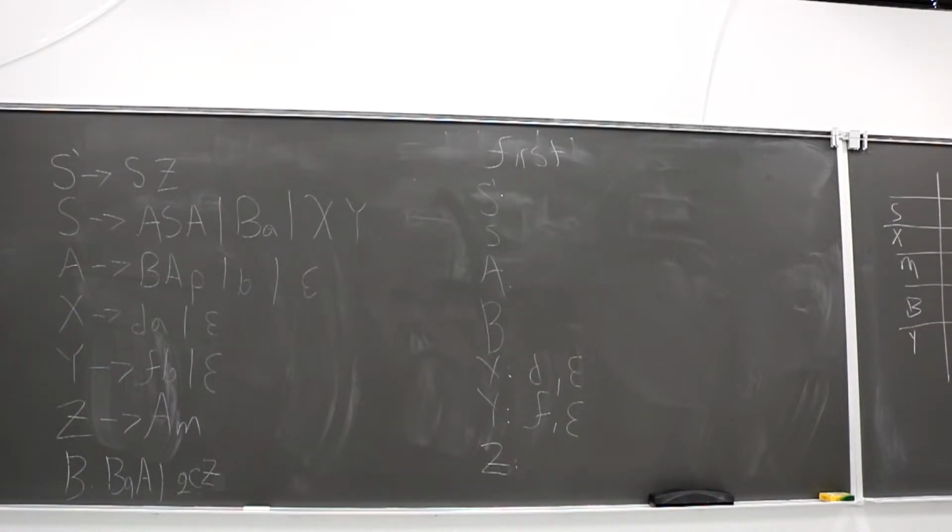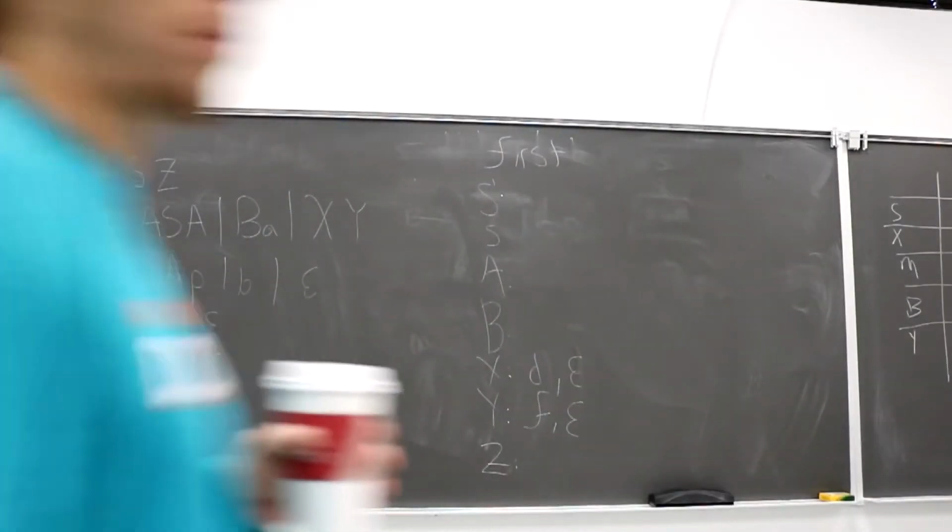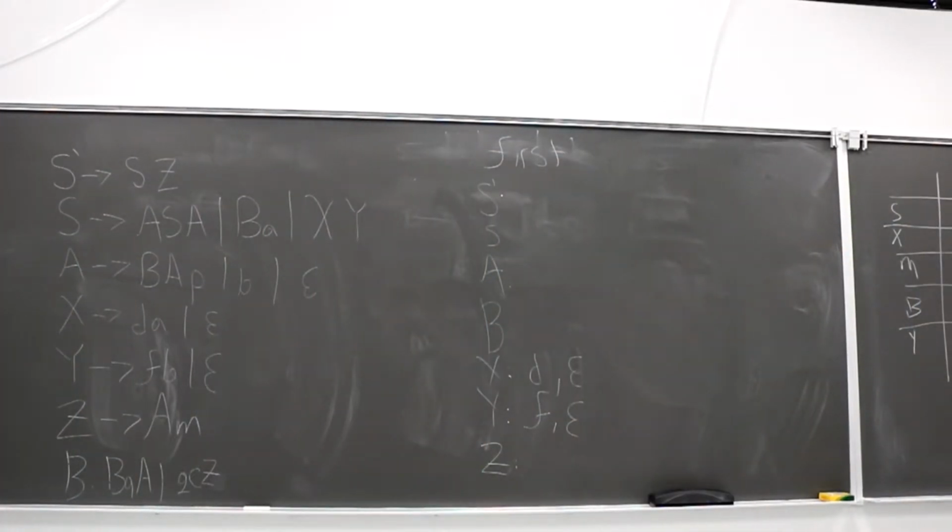The question says, find the first and follow of this grammar. It doesn't say find the first and follow of some other grammar that you changed it to. If you convince me that your first and follow of the grammar you did is right, I'll give you credit, but at this point I marked it wrong.